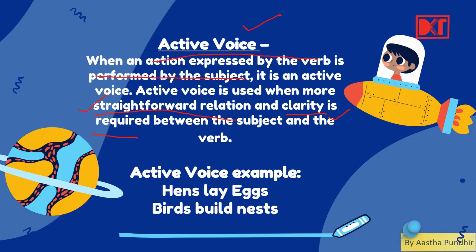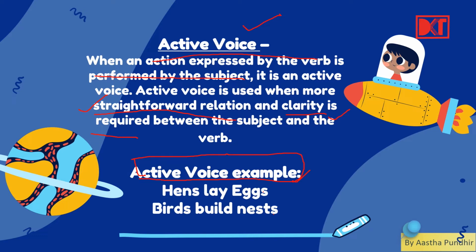Passive voice कुछ लोगों को काफी confusing भी लगती है, but let me tell you, there's nothing to be confused about. Active and passive voice are pretty simple, pretty easy if you understand the basic concept. Basic concept क्या है हमारा कि एक subject है, subject या तो action perform करेगा या receive करेगा. अगर subject action perform कर रहा है तो active voice हो गई, और passive voice क्या होगी वो हम अभी आगे देखेंगे.